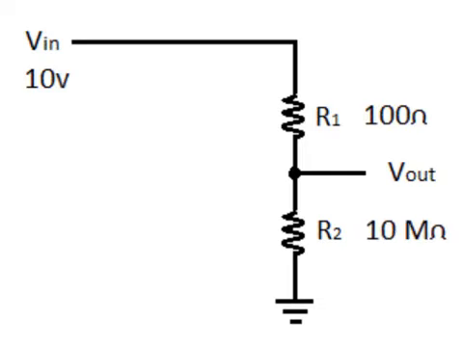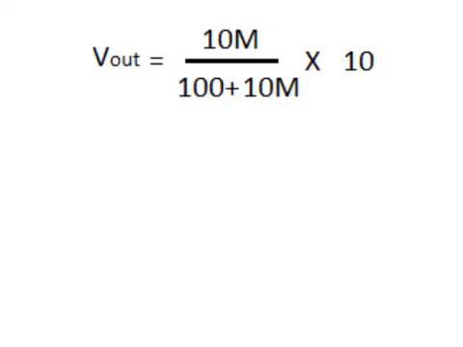For a final example, let's change R2 to something very high, like say 10 million ohms, 10 megaohms. So in this case the output voltage is 10 million divided by 100 plus 10 million, which is 10 million 100, times 10 volts. Well, 10 million divided by 10 million 100 is 0.99999, repeating of course.